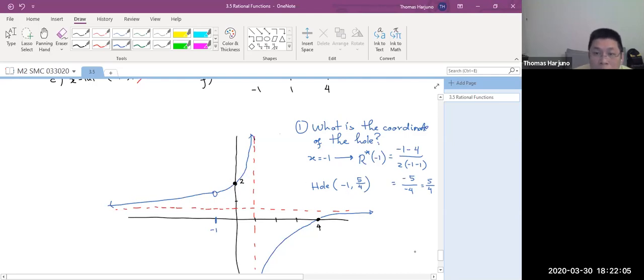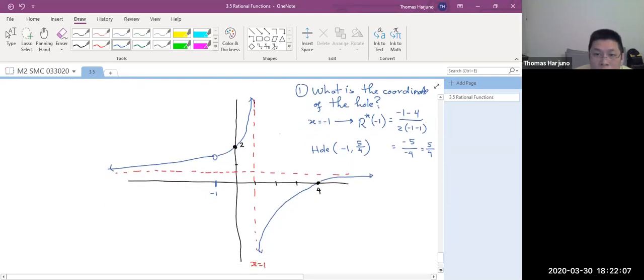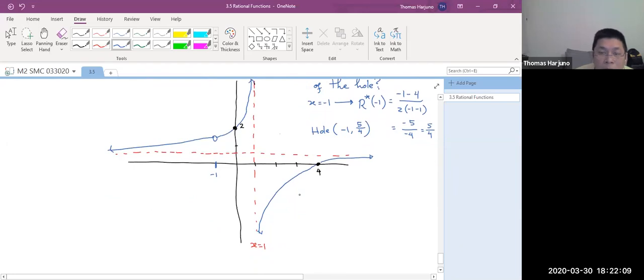Now the second issue is if the graph crosses the horizontal asymptote. Now, let me say this.